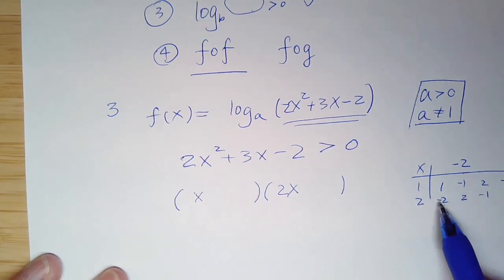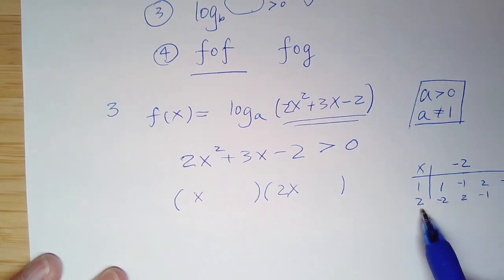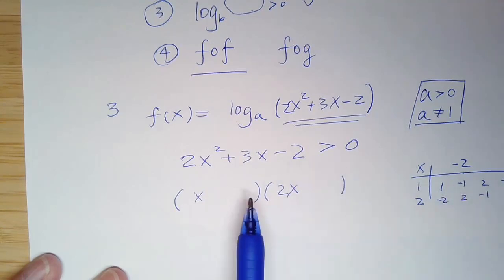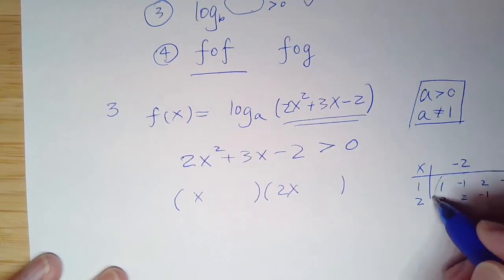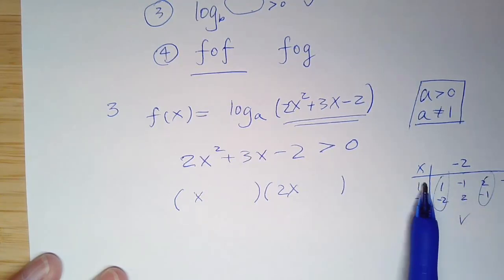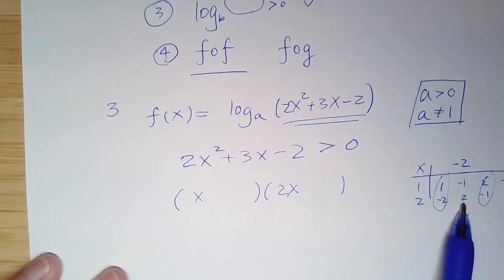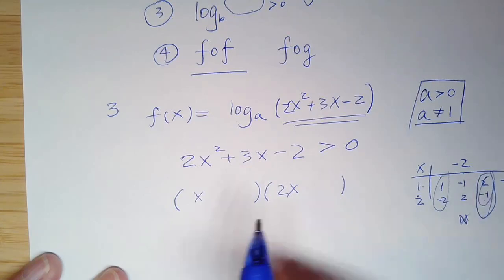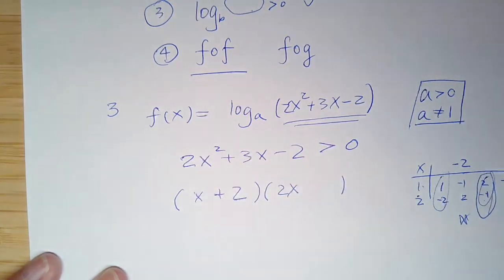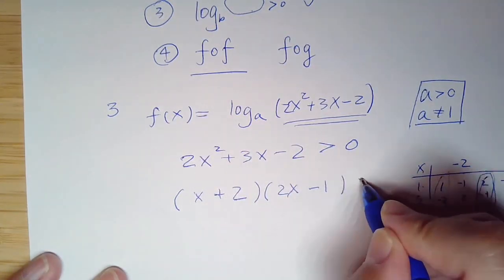Then you cross multiply and add up to positive 3. You find which one works, because the others don't work. So it should be this one. 1 times negative 1 is negative 1, 2 times 2 is 4, that's a 3. So you get x plus 2 and 2x minus 1 greater than 0.